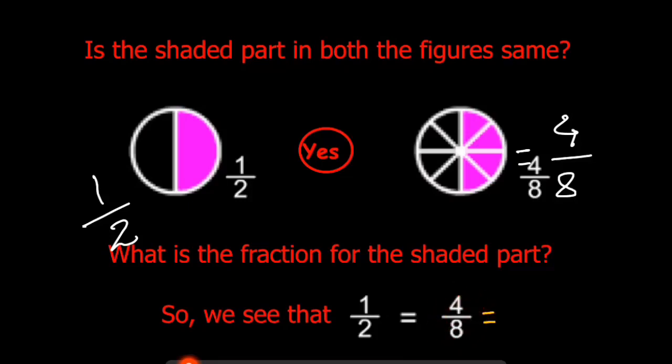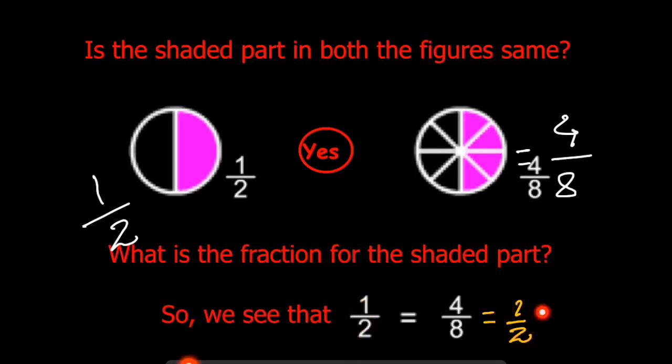So on dividing by 4 and converting this fraction into the simplest form, we get 1 upon 2. So this fraction in its lowest form is equal to this fraction.